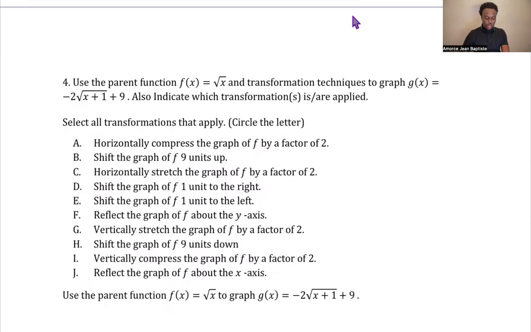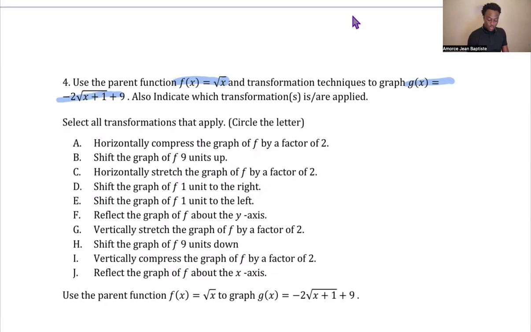Our next example is also from the parent function square root. And the transformed g of x is this one: -2 square root of x plus 1, plus 9 on the outside.